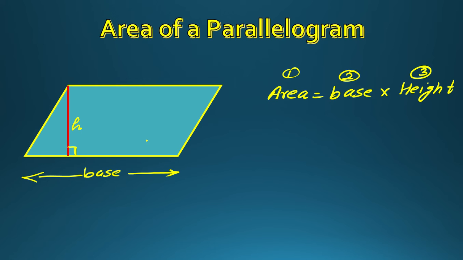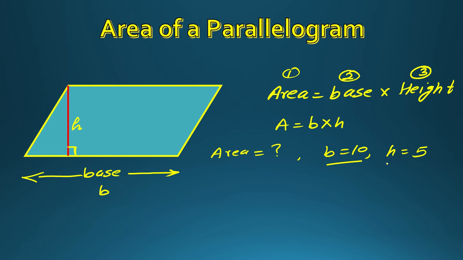Now if I take base as B, height as H, and area as A, then A is equal to B times H. In the exam, maybe they will say find the area if base is equal to 10 centimeter and height is equal to 5 centimeter. Direct values are given, so you just put these values in and you will get the answer.